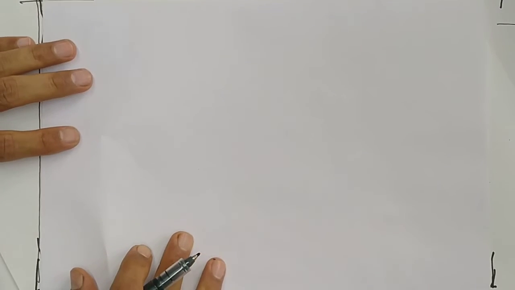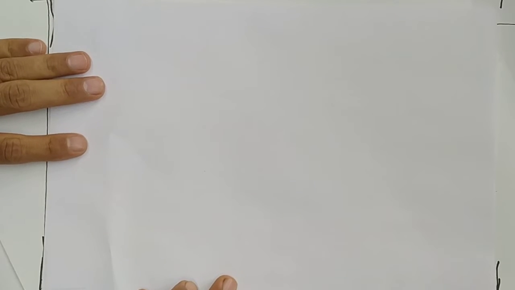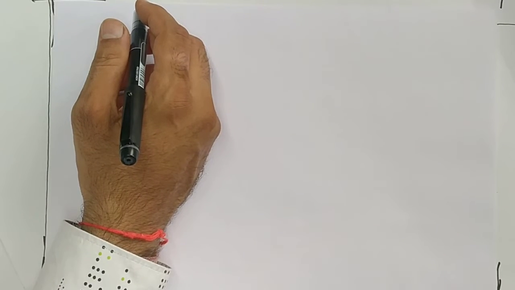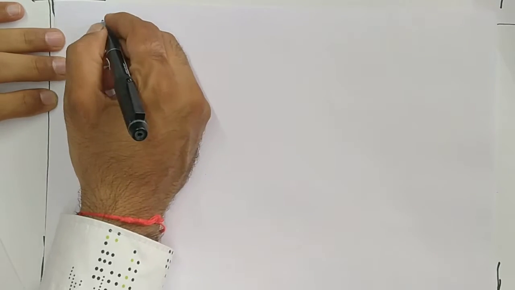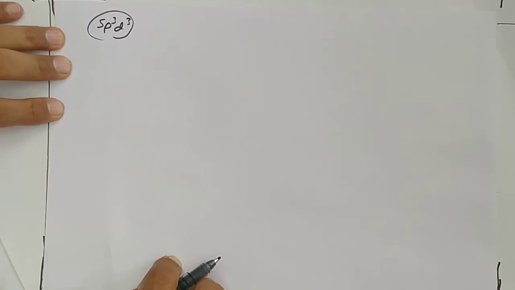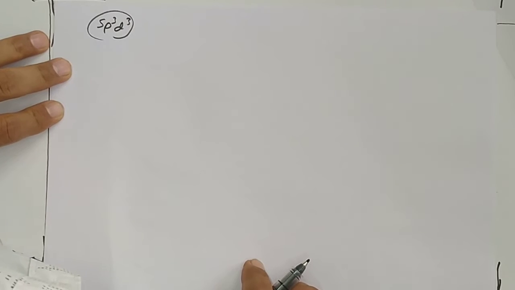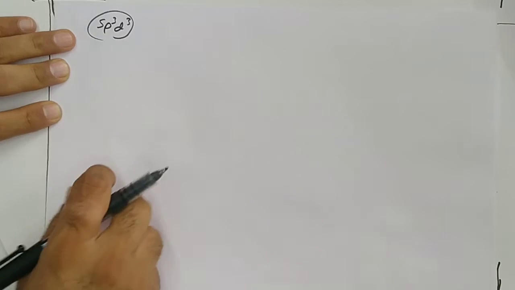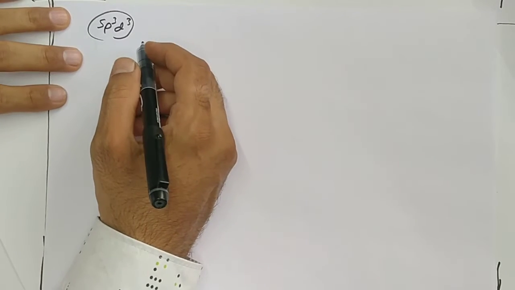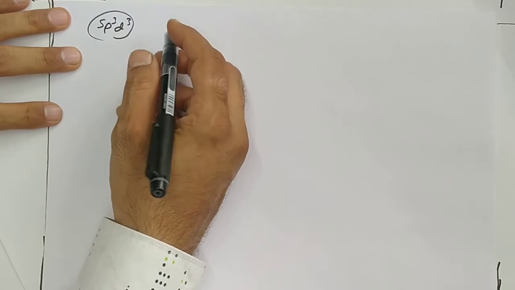Now next, sp3d2 is over. Now sp3d3. In the case of sp3d3 hybridization, what actually happens? 1 of s, 3 of p and 3 of d are involved in hybridization.